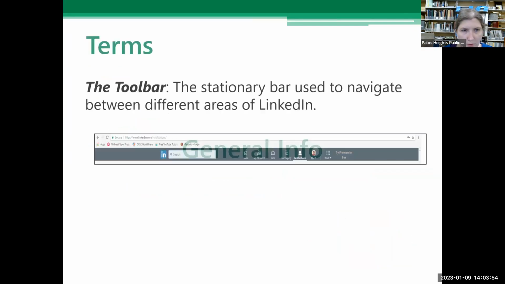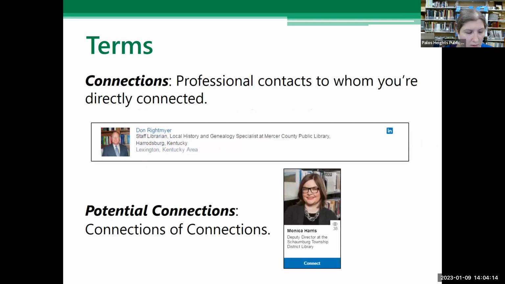So some general info in terms. At the top of the page is called the toolbar. That is the stationary bar at the top of the page, and how you can navigate through different areas of LinkedIn. It's on the top of every page on LinkedIn. Connections are professional contacts you can have on LinkedIn.